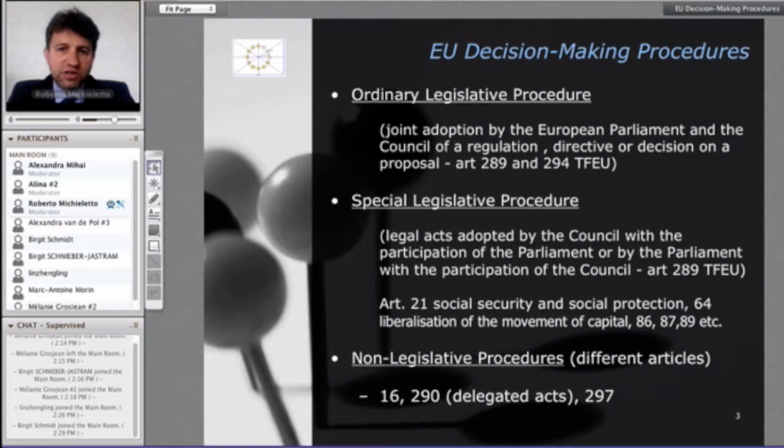And then we have the non-legislative procedure, which is at the end, and is in Articles 290 and 297 of the treaty. Article 290 is extremely important because it talks about delegated acts, a sort of power given to the Commission to decide how to implement part of a directive or part of a legislative act. I can give an example of delegated acts on, for instance, a list of countries which need to cooperate or stay inside a certain threshold for the environment.